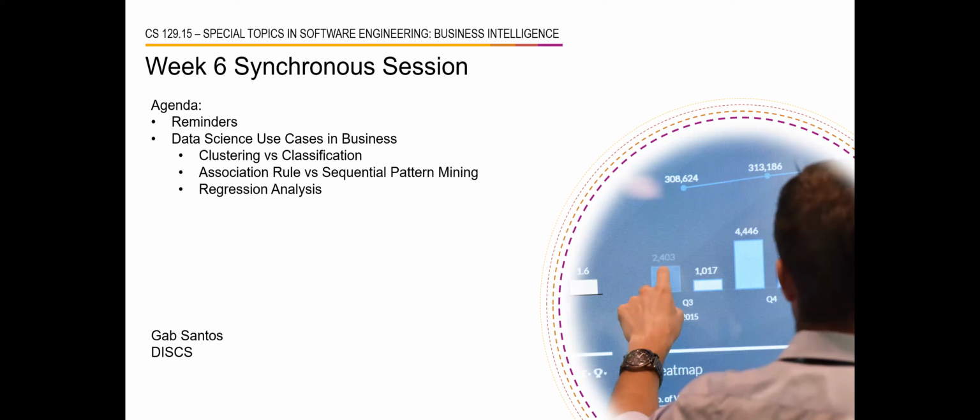Once you get the full context of your problem from the business standpoint and from your data standpoint, you are now, quote unquote, ready to build your model. Is it an analytical model, like the dashboards that you're working on, or is it a predictive model, where you will do some sort of data mining and data science techniques? Today I would like to focus on these items. First, we'll look into clustering versus classification.